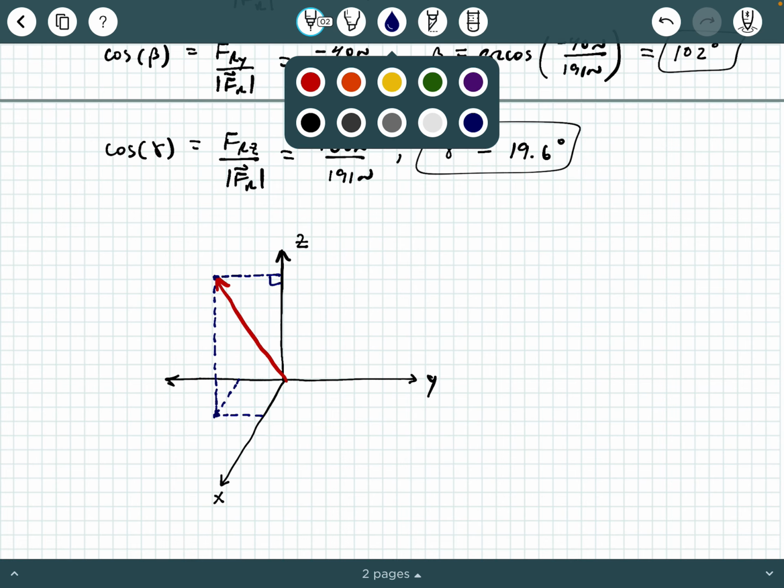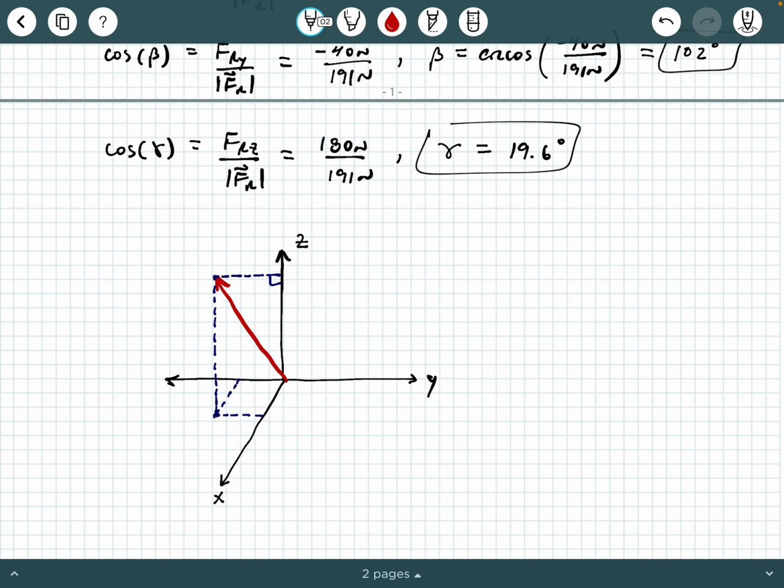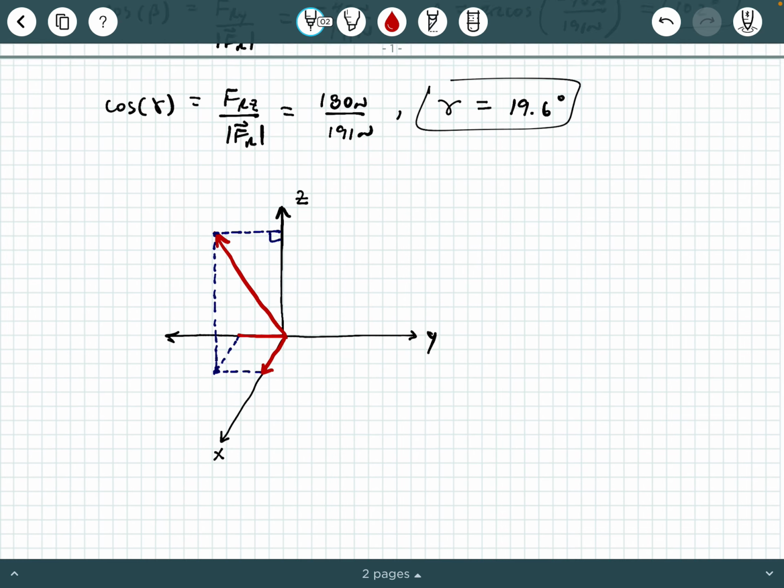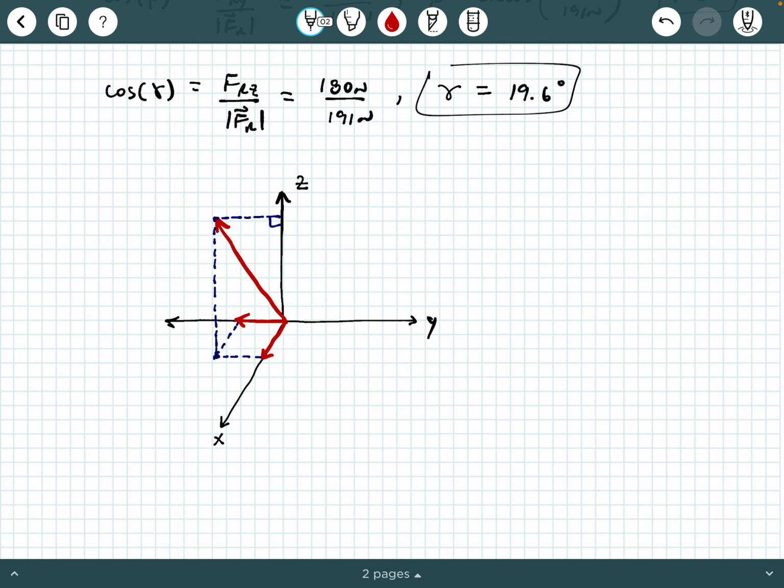And so what are the components going to look like? Well, again, that x component was right here. The y component is right here, in the negative direction, and then this is the z component here. So looking at this by components, this is 50 newtons, and this is negative 40 newtons, or it's actually more appropriate just to say 40 newtons because it's already pointing in the negative direction.